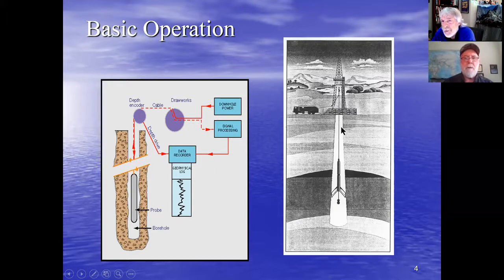We usually recommend that you always run a down log, but with this, where you have to have the caliper open, you only run it going uphole. Basically, you have two-way communication from uphole to your downhole sonde, where your information comes back up a cable, which can have from 1 up to 7 conductors. That comes through your processor and then into your data recorder and into your log.